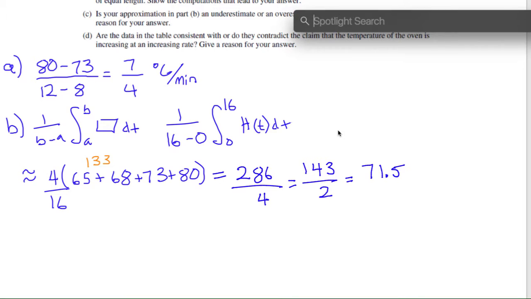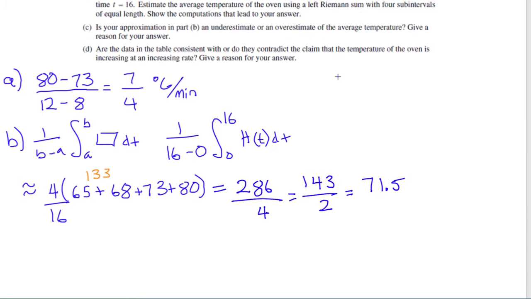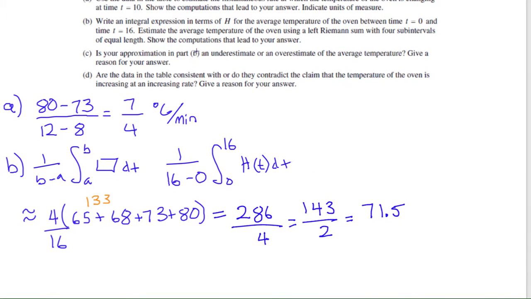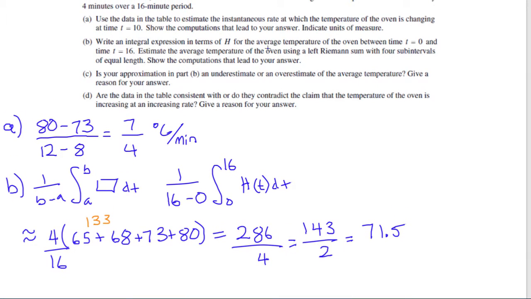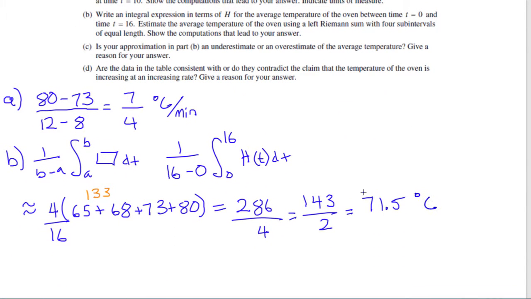Again, always check your work. 286 divided by 4, am I doing this right? Yep, 71.5. And what are our units? It doesn't say, but I'm going to include units in case a question asks for it. This is the average temperature, so our units are the units of temperature, which are degrees Celsius.